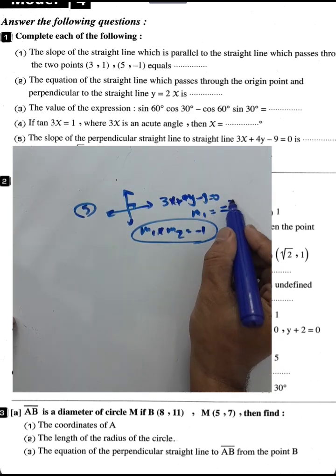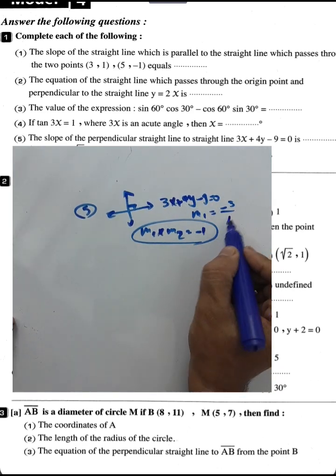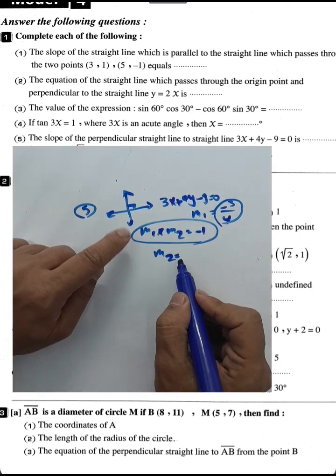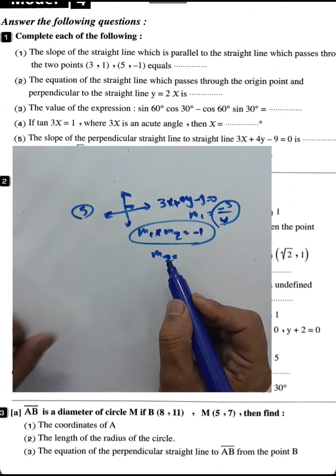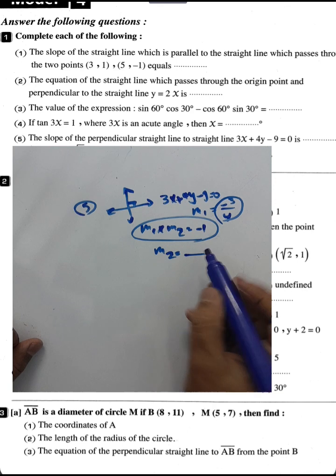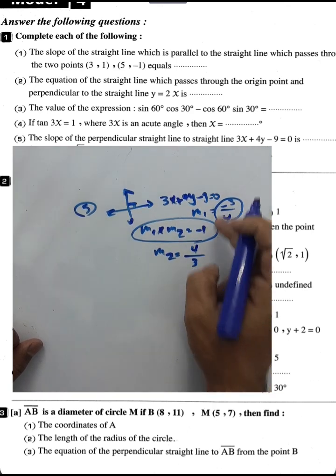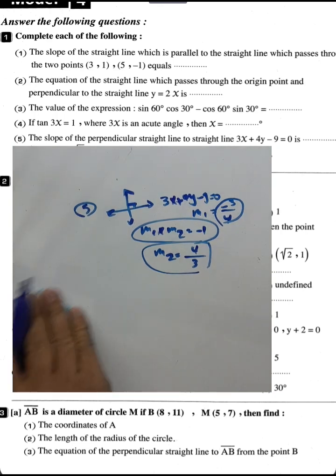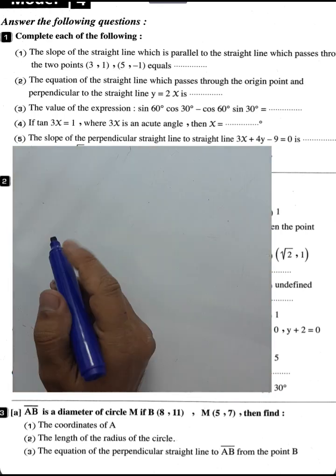The coefficient of x is 3 and the coefficient of y is 4. He wants to find the straight line which is perpendicular to the other, so we must write the inverse of this fraction, 4 over 3, and change the sign, so it will be positive. The slope here will be 4 over 3. Okay.